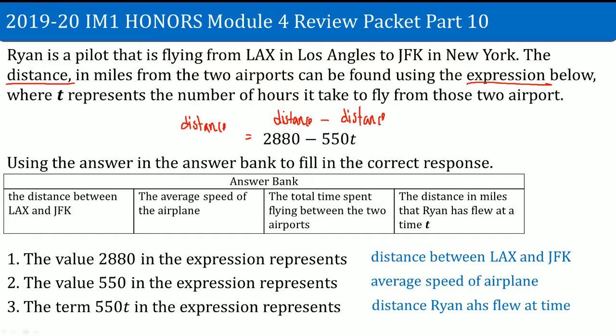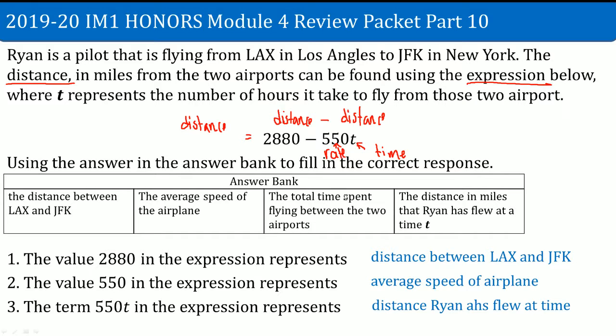I just want to clarify something for you. If this is the distance, this is the time, and this would be the rate or the average speed. Make sure you understand the units, because the units help guide the problem.